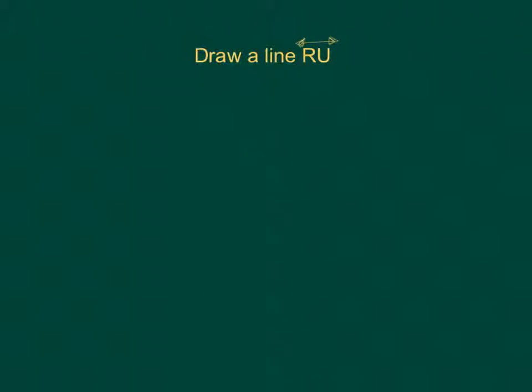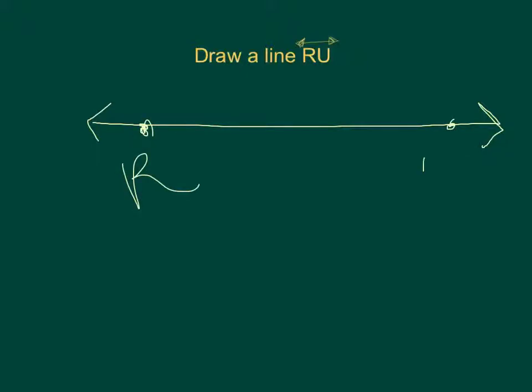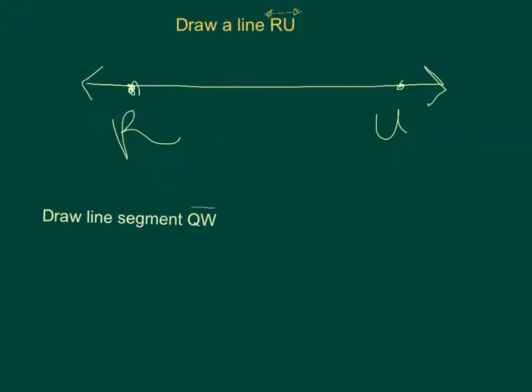Now we go on from the ray to a line. Remember, a line continues. A line keeps on going. Okay? So it goes both ways. If it says draw a line RU, you have to make sure that you're putting the points R and U. Now, a line segment is different than a line.